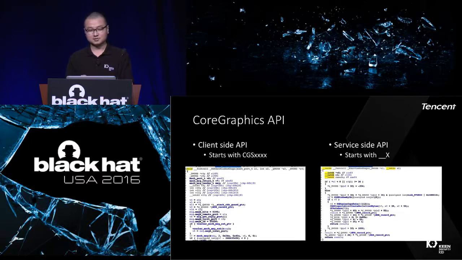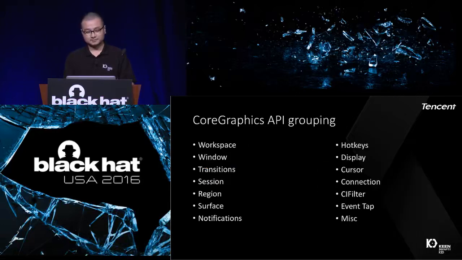The client side starts with CGS, and the server side starts with _X. And by its feature, you can categorize them into several groups. For example, window, majorly doing window creation, window grouping, or something like that. And for sessions, it is session management.